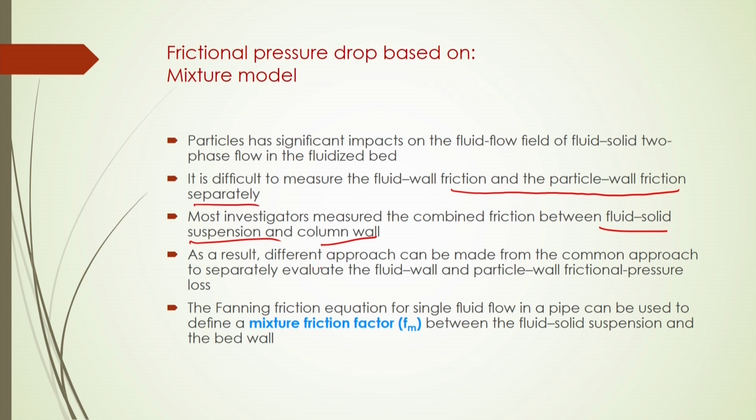As a result, a different approach can be taken from the common approach of separately calculating the fluid-wall and particle-wall friction pressure loss. The Fanning friction equation for single fluid flow can be used to define the mixture friction factor between the fluid-solid suspension and the bed wall.